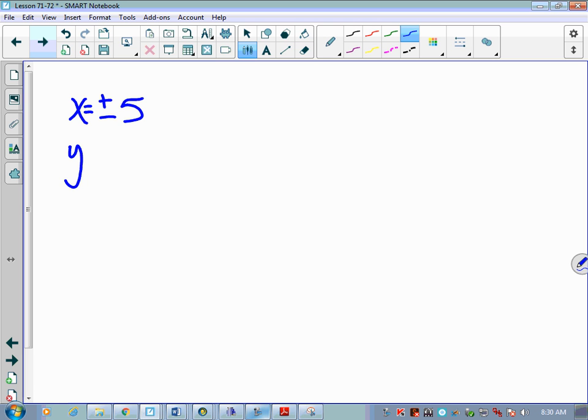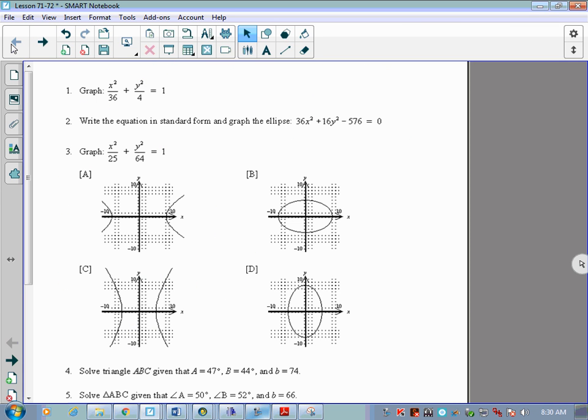Ryan, can you tell me what the y value is going to be? Positive and negative 8. Okay, so it wants the graph. Can anybody tell me, based upon the ones that you see there, we don't necessarily have to draw it, which one of these graphs matches that? D. Okay, so we feel like that's fairly easy, correct?